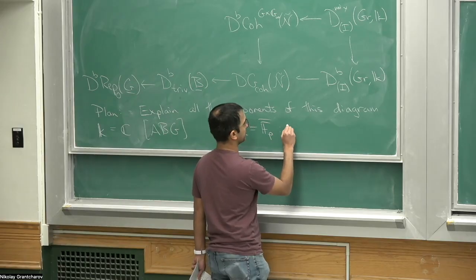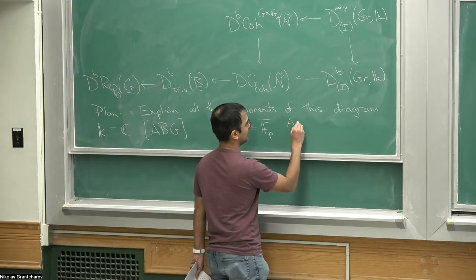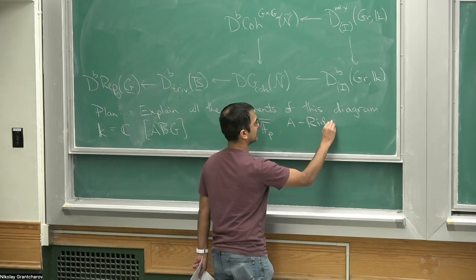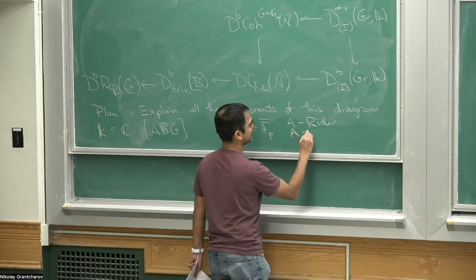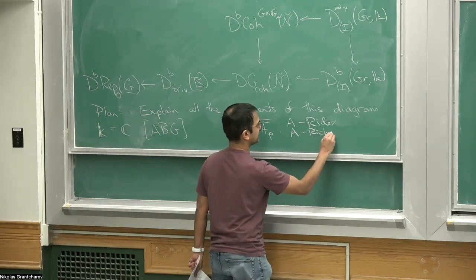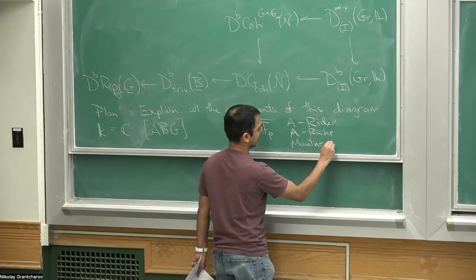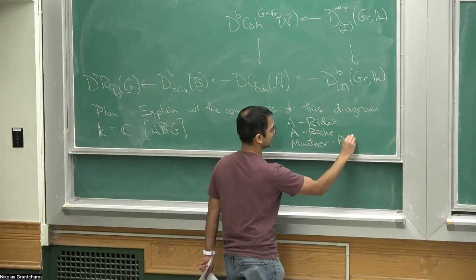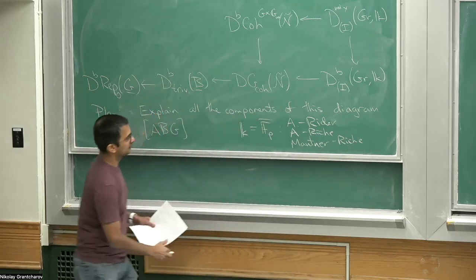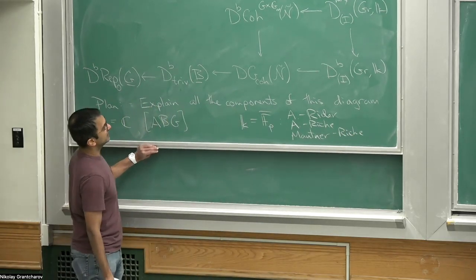The contributors to this are myself and Laura Rider, myself and Simon Riche, and Mautner. Various parts of this diagram in positive characteristic come from various of these authors.